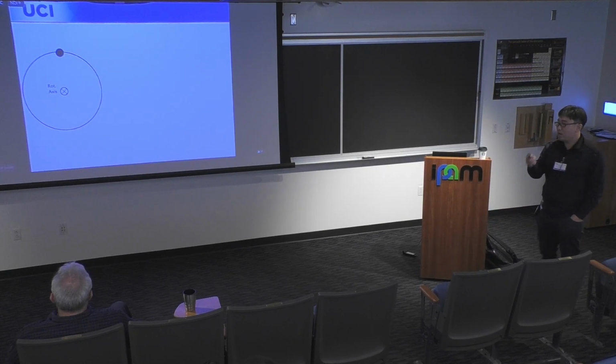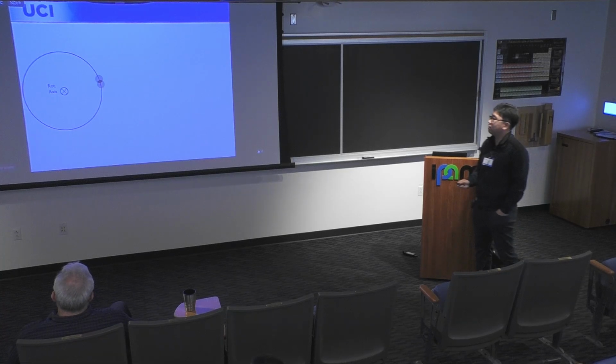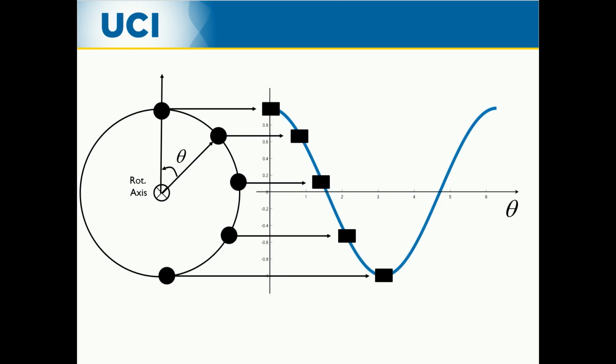Let's look at different ways of representing tomography data, right? You have an object that's rotating around the axis. You take projection images. And if you organize them as a function of rotation angle, you find that it actually sits on a sine curve. So that's why, when we put those images together as a function of rotation, it's called a sinogram, right?